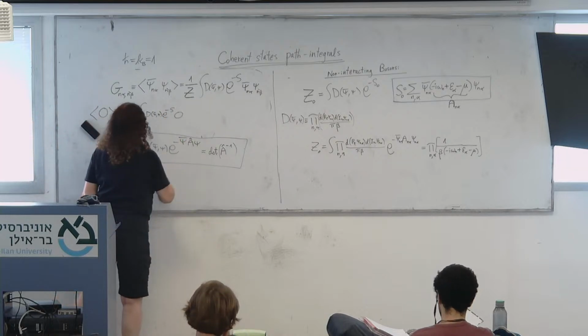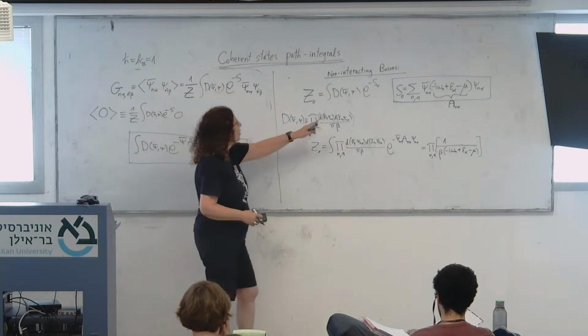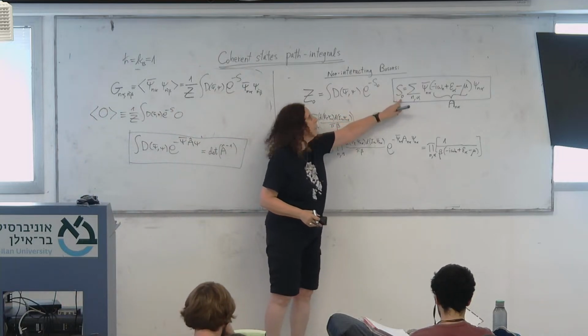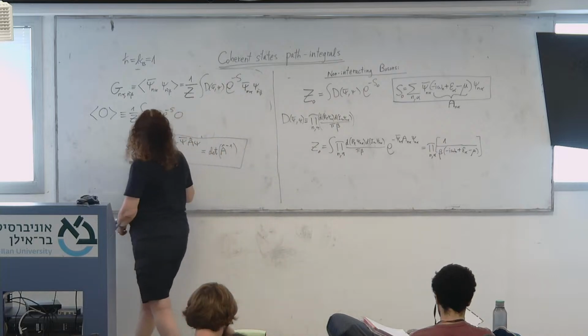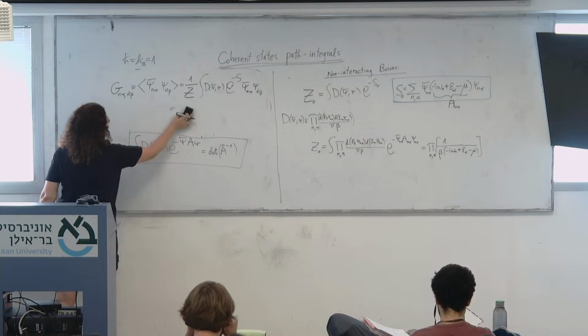Now, if I'm looking at an action that is free, that is S naught, and it's quadratic, let me write it like this.